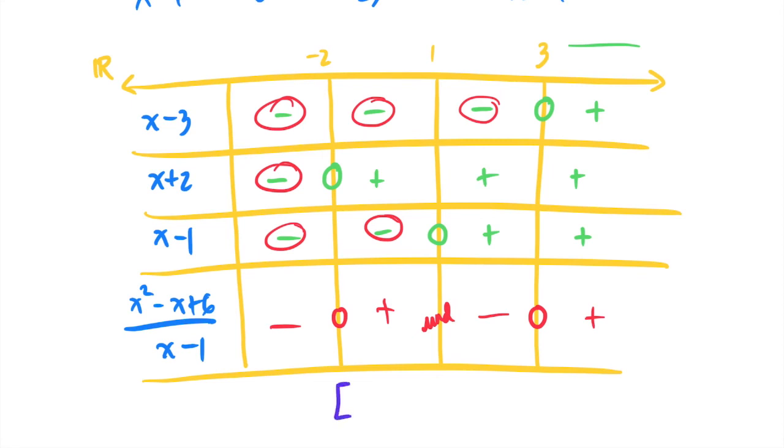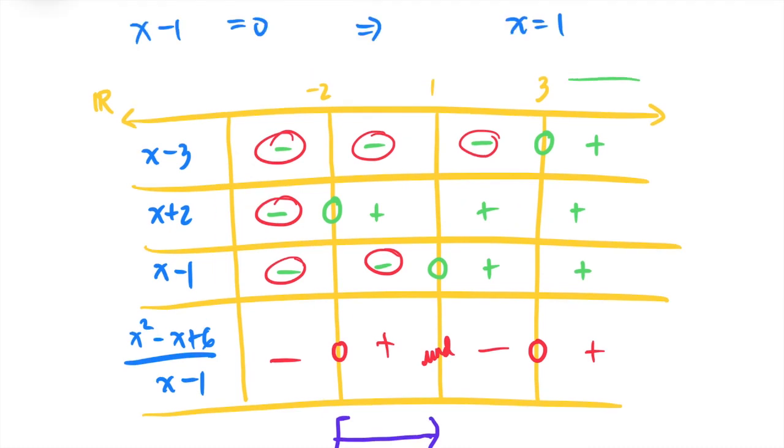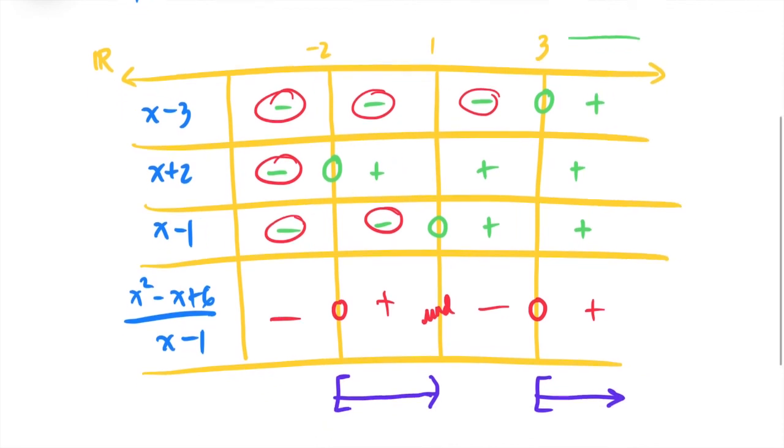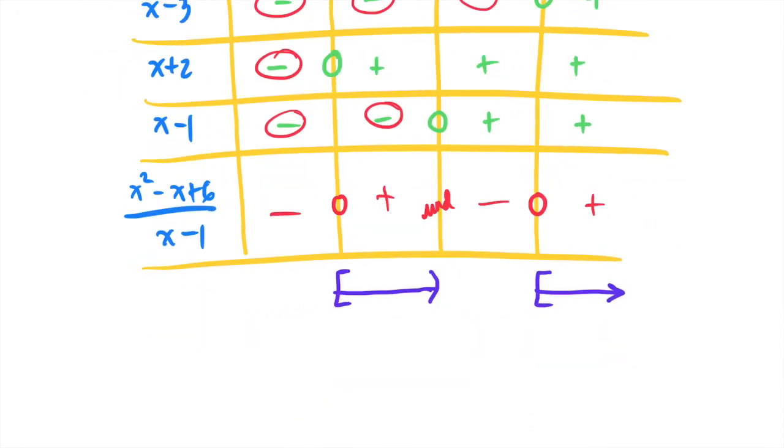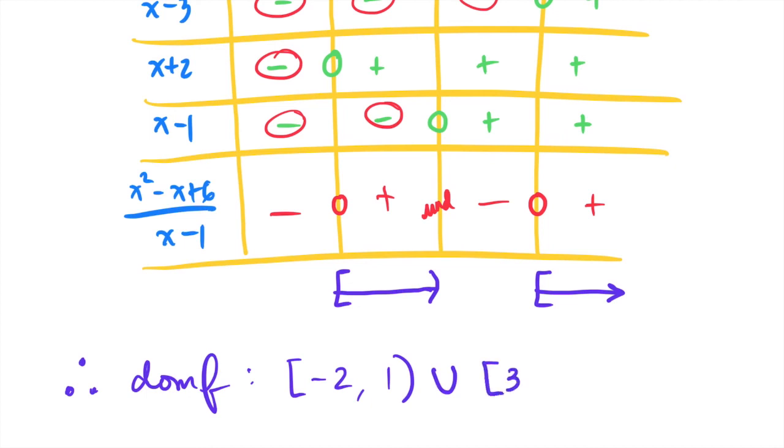However, 1 is excluded, and then from 3 up to positive infinity. Thus, we write our conclusion as follows. Therefore, the domain of f would be from negative 2 up to 1, inclusive of negative 2, exclusive of 1, union 3, inclusive of 3, up to positive infinity.